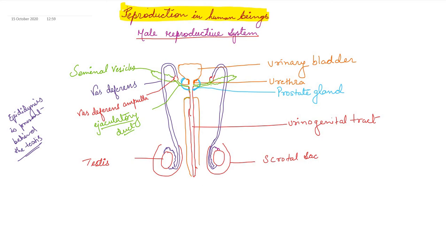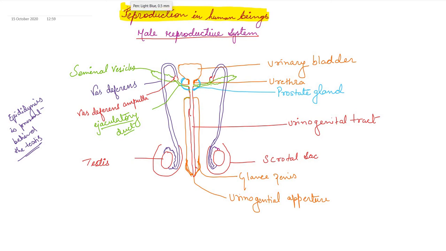It has a swollen area, as you are able to see in the structure, which is known as glans penis, and this opening is known as the urinogenital aperture.